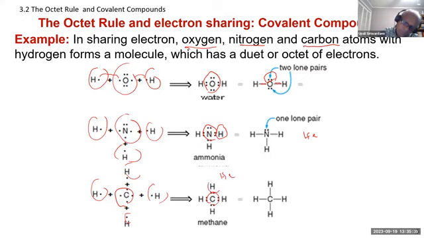Hydrogen has a duet. So therefore, stable octet rule is achieved. This is the two-way, ionic bond and covalent bond, how the elements react to form compounds.